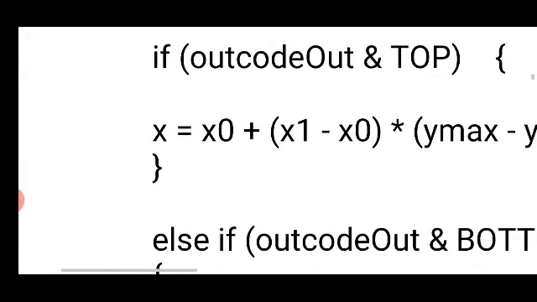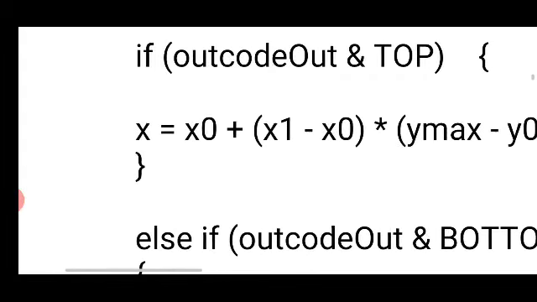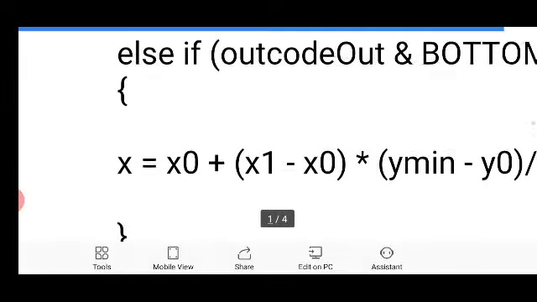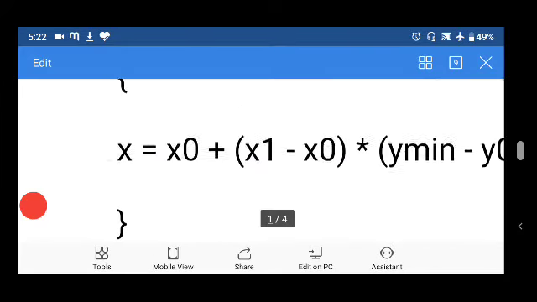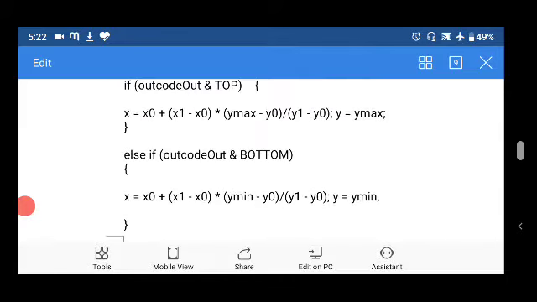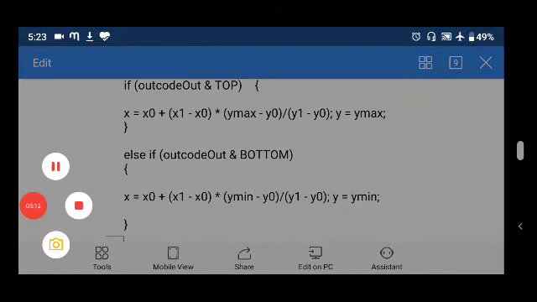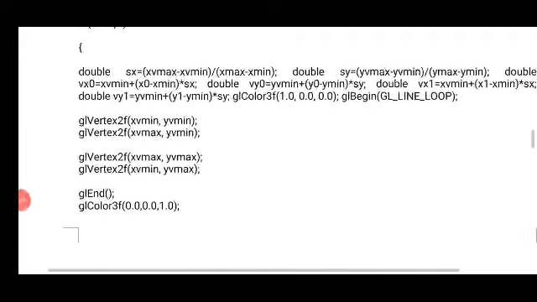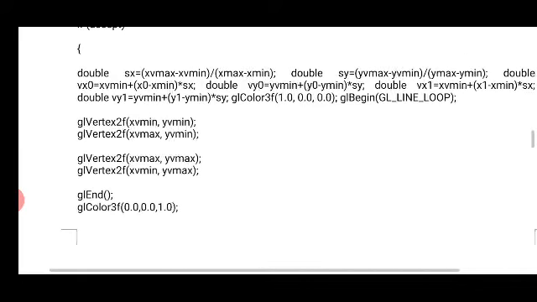This is how we can find x and y of an intersection point. Then we clip that line at the clipping window corner, and after clipping at the intersection point, we need to draw that line.